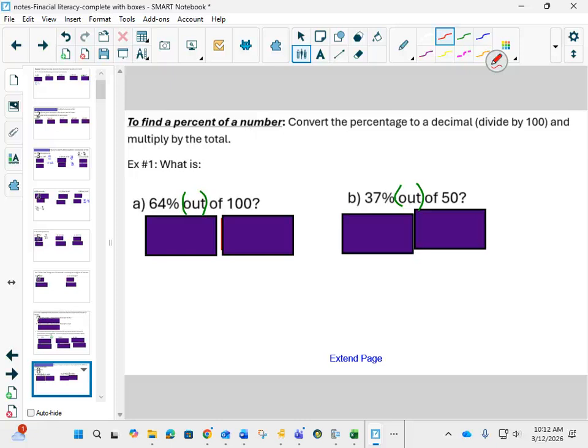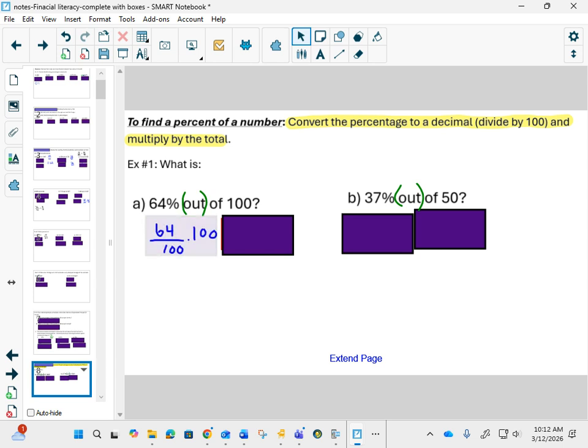Important things here, and I'm going to take out my highlighter. If you want to find a percentage of a number, convert to a decimal by dividing by 100 and then multiply. So 64% as a decimal, divide by 100, you get 0.64.